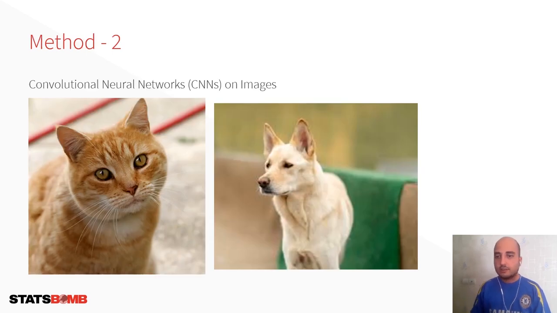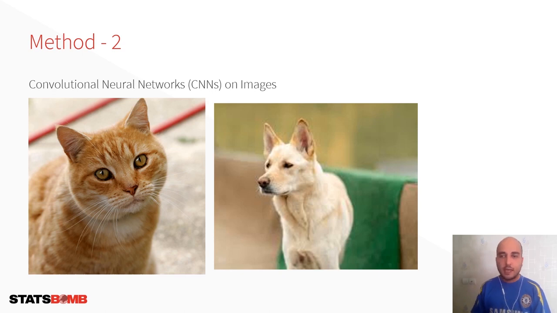That's why we continue with StatsBomb 360, and we want to see how we can improve the results of method 1. Following up on convolutional neural networks, or CNNs, on images: for people who don't know what CNNs are, let's assume that you, as a human, are a model.